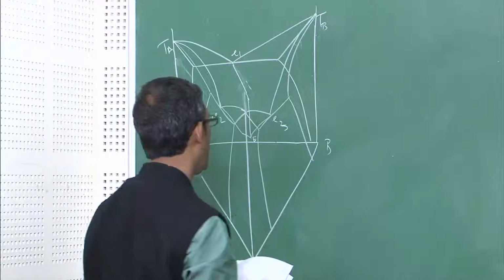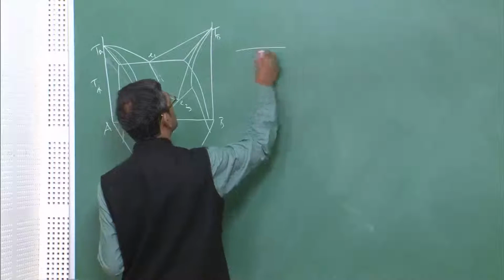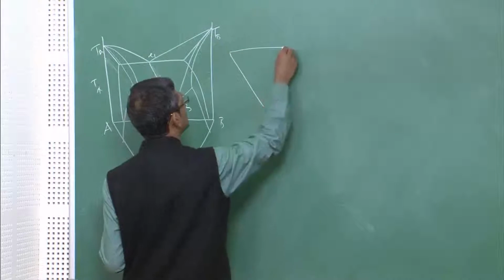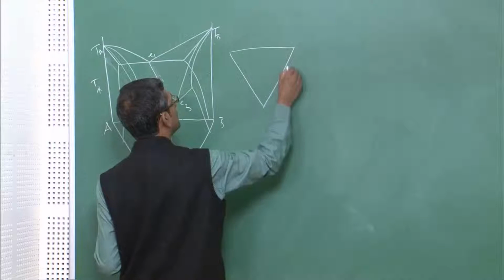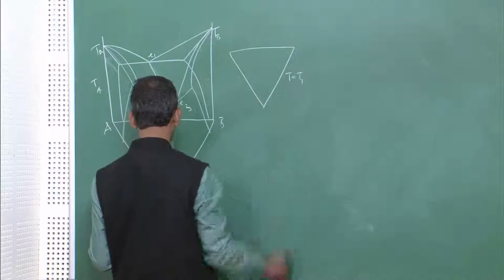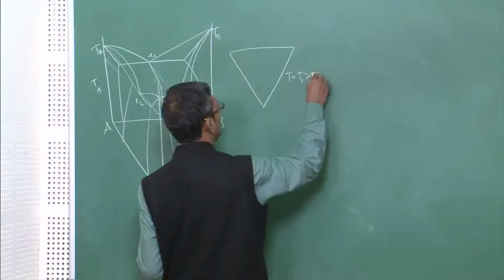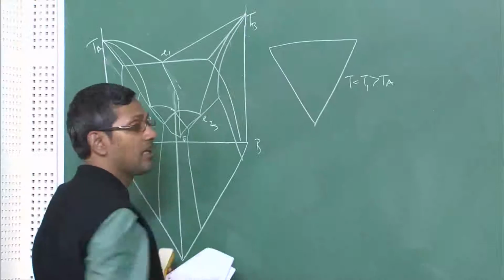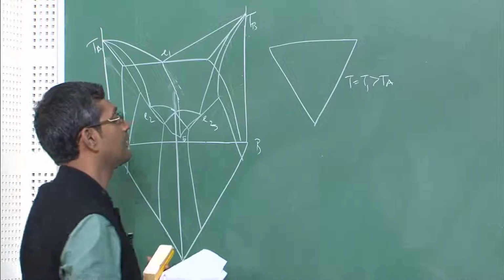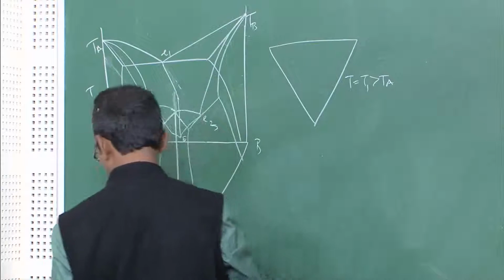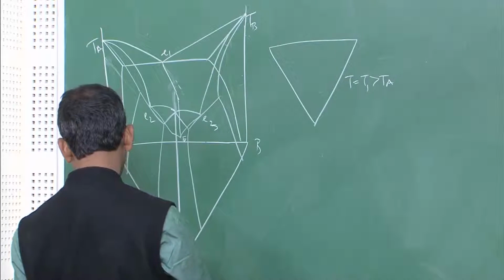So, let me just draw. I will draw a temperature, suppose T equal to T1, but T1 is greater than Ta, but it is less than Tb, correct. So, what will happen? What you get is like this.